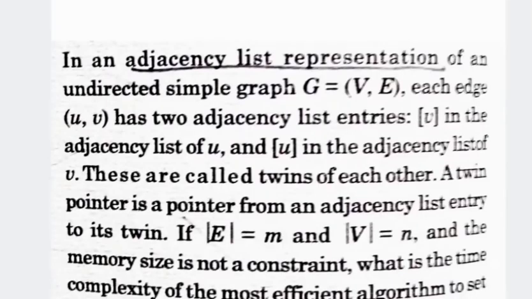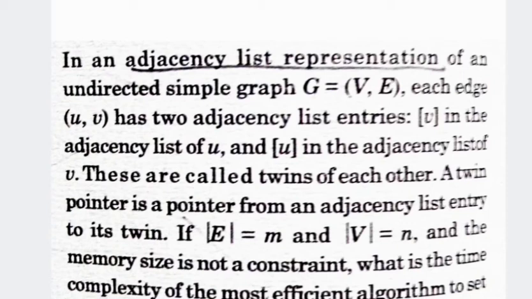Next question: in an adjacency list representation of an undirected simple graph G equal to (V, A), where V is the vertices and A is the edges, each edge (U, V) has two adjacency list entries: V is in the adjacency list of U and U is in the adjacency list of V. These are called twins of each other.